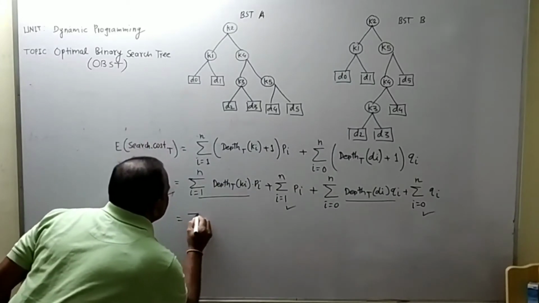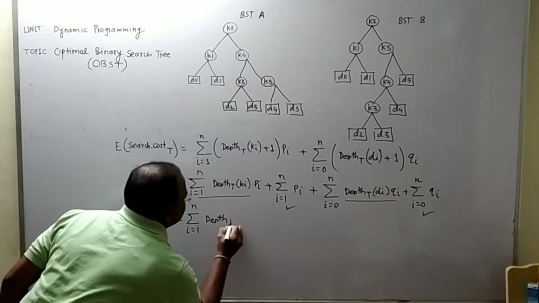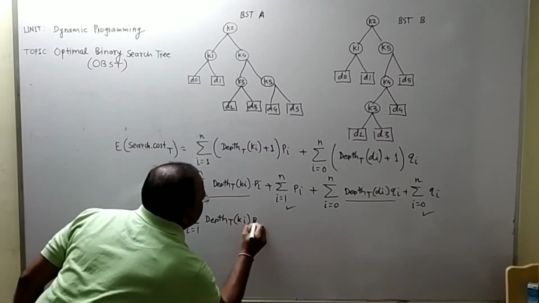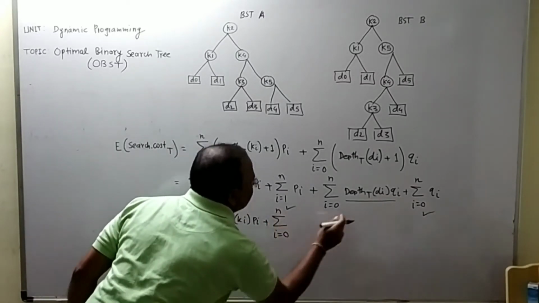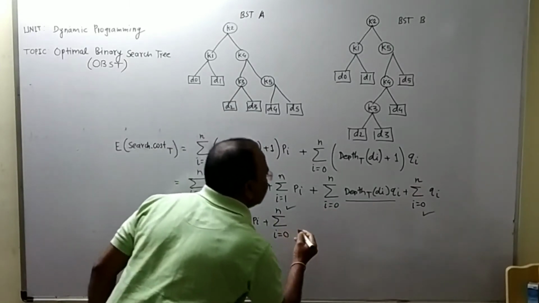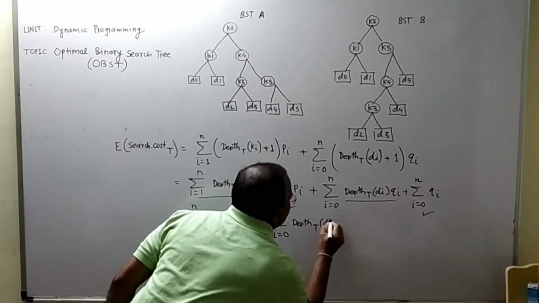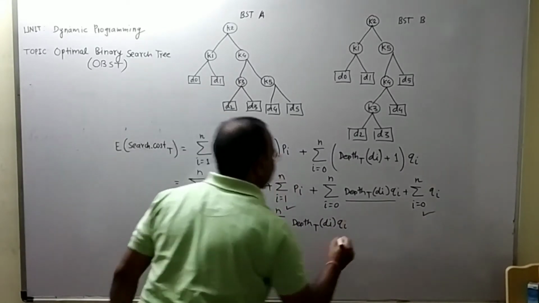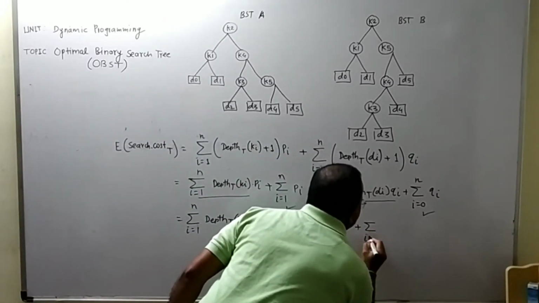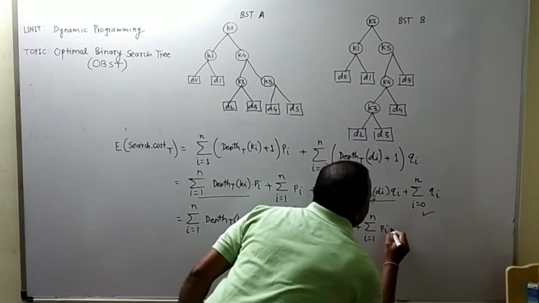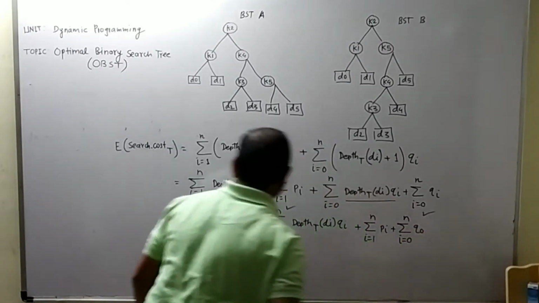So we get summation from i equals 1 to n depth of Ki Pi plus summation from i equals 0 to n depth of Di Qi, plus, then I am considering this one, summation from i equals 1 to n Pi plus summation from i equals 0 to n Qi.